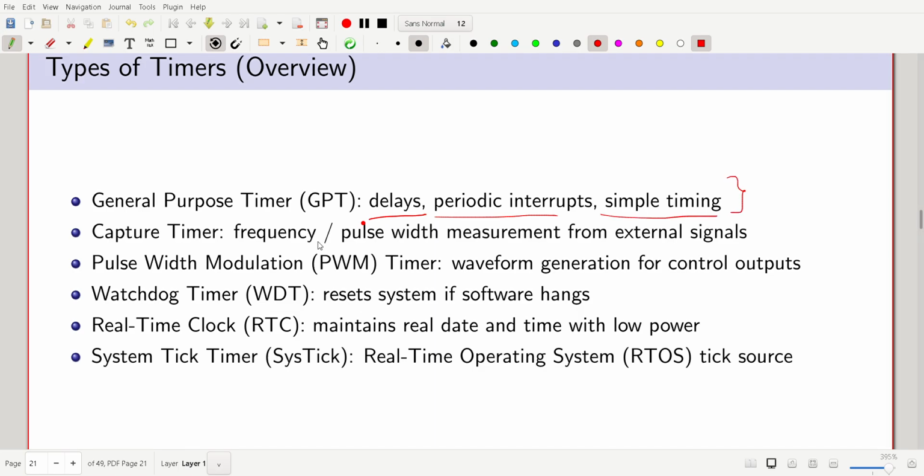It is frequently used, hence called general purpose. The capture timing timer is used for frequency and pulse width measurement from external signals. And pulse width modulation, of course, already discussed, is timer waveform generation for control outputs, so it is used in motor control.